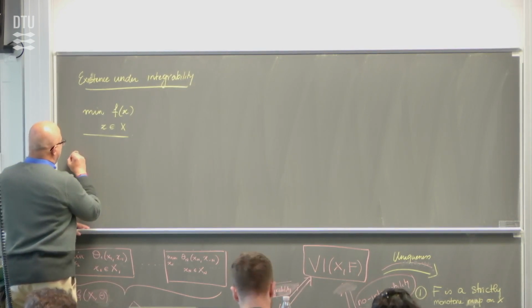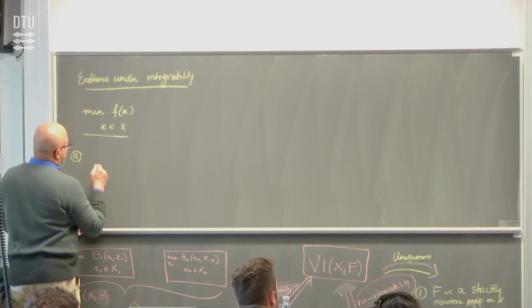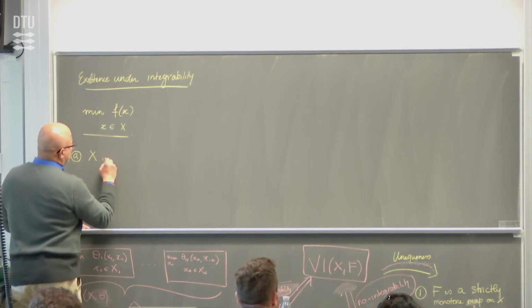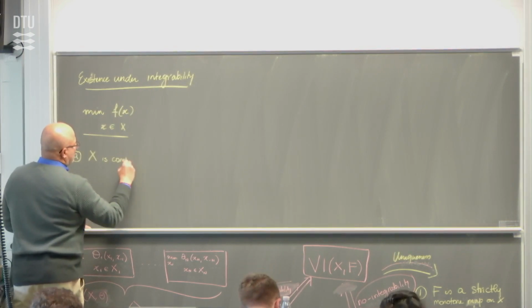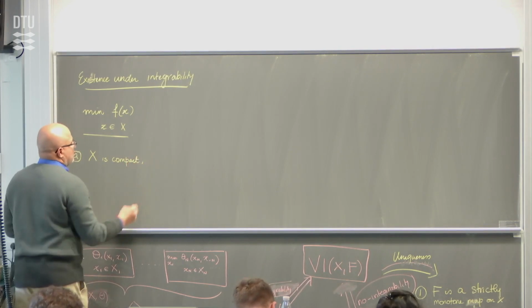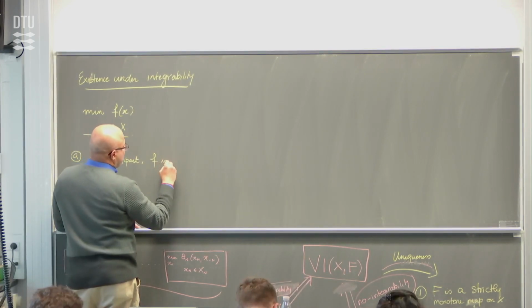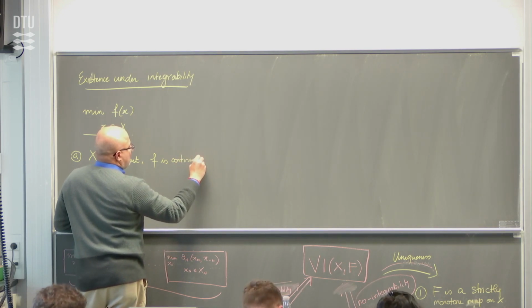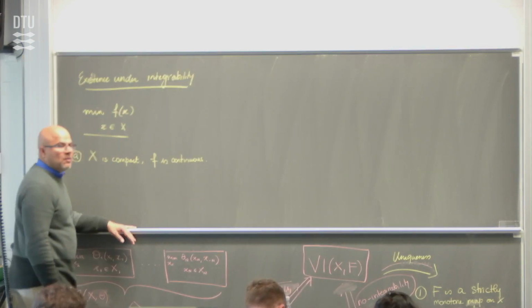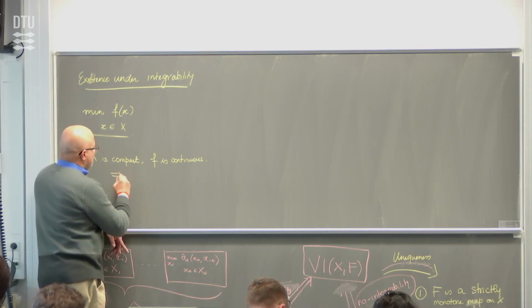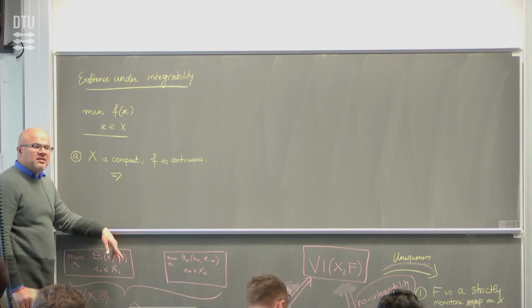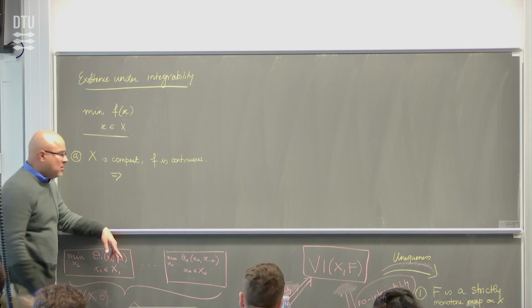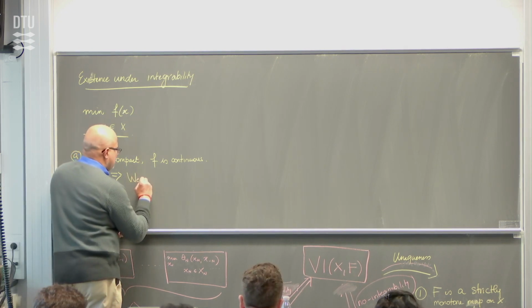So case 1: X is compact, F is continuous. There's a theorem in analysis called Weierstrass's theorem.